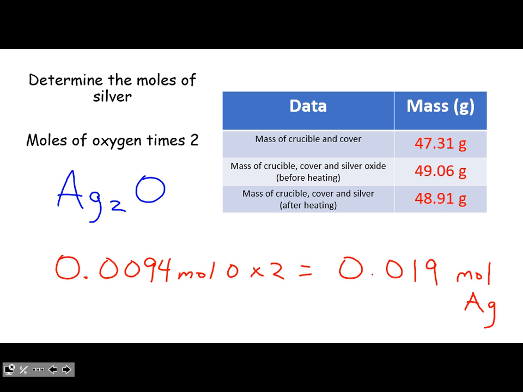Okay, why is 2 an exact number? Why did I not use that? Do I know that I have 2 silver? Did I estimate that being 2 silver right here? I did not. I know I have 2 silver. So that is why that is an exact number, and I don't use that for sig figs. So my moles of silver is 0.019.